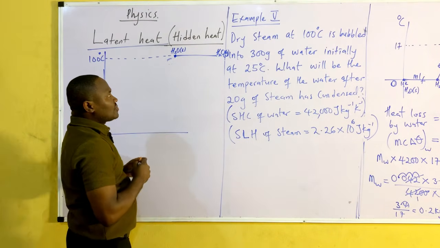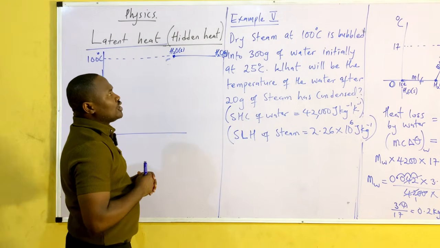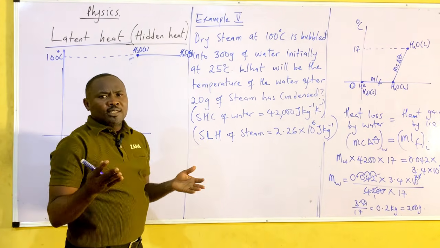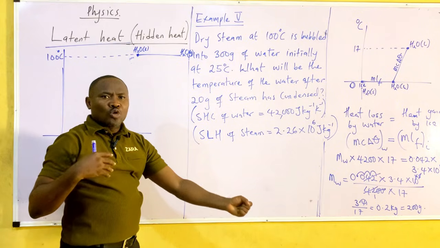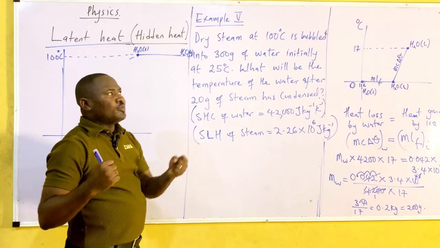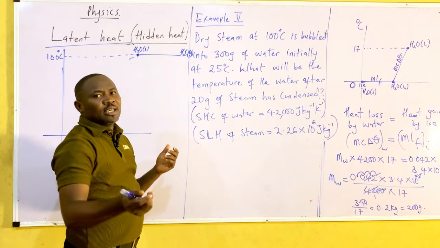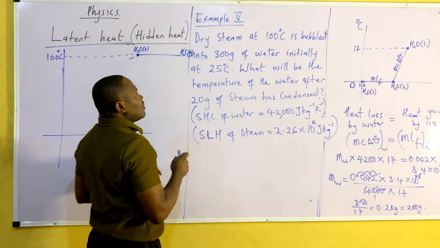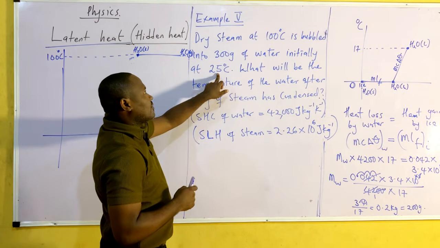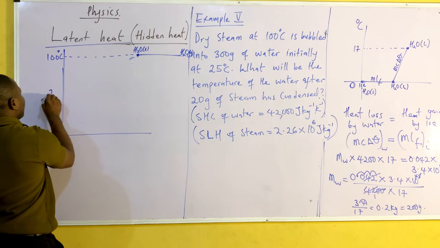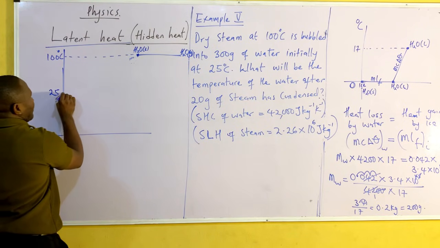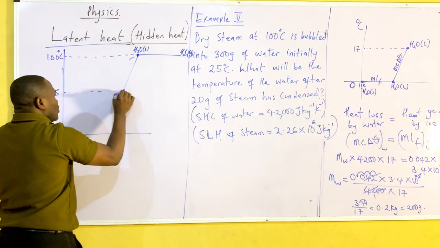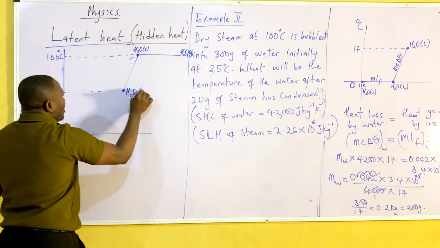So dry steam at 100 degrees Celsius is bubbled into 300 grams of water. How would this case look? The steam will lose heat while the water will gain heat. So heat lost by steam is equal to heat gained by water. The water is initially at 25 degrees Celsius, so this is water at 25, H2O as liquid.